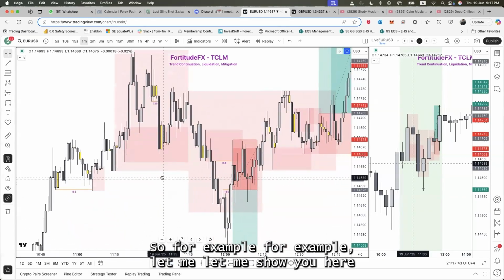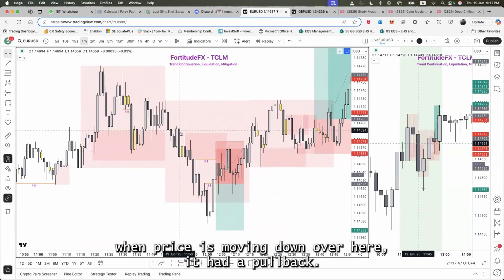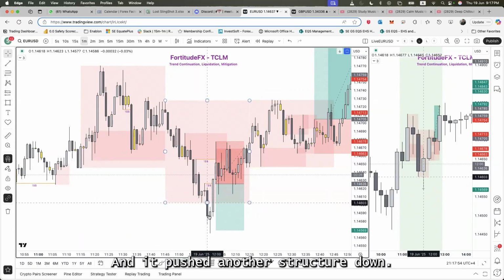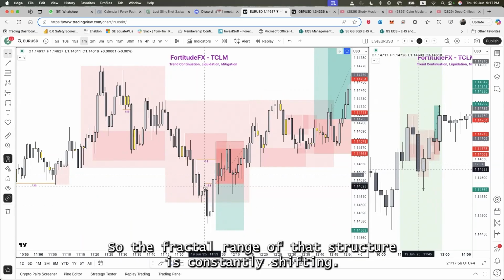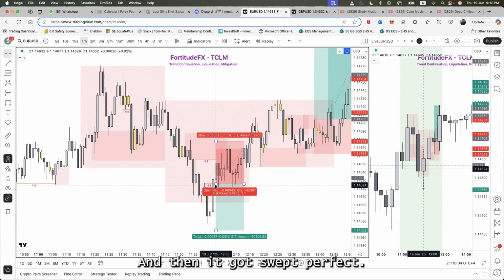So for example, let me show you here. When price is moving down over here, it had a pullback, it came down. It had a pullback and it pushed another structure down. So the fractal range of that structure is constantly shifting. And this is strong liquidity because this high broke this low and then it got swept. Perfect.